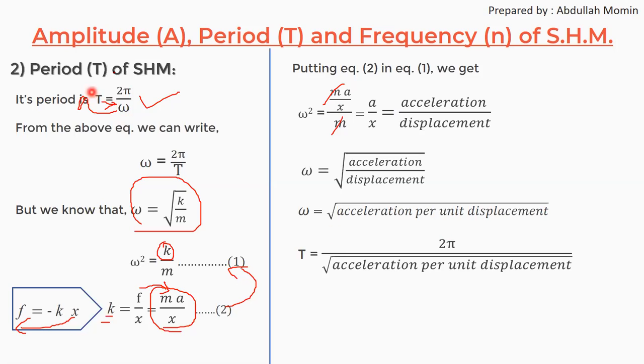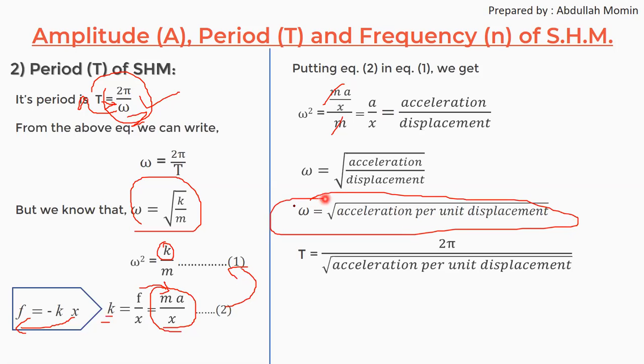In the formula of T, we have ω in the denominator, 2π/ω, so instead of ω we put acceleration per unit displacement. So T can be written as 2π divided by the root of acceleration per unit displacement.